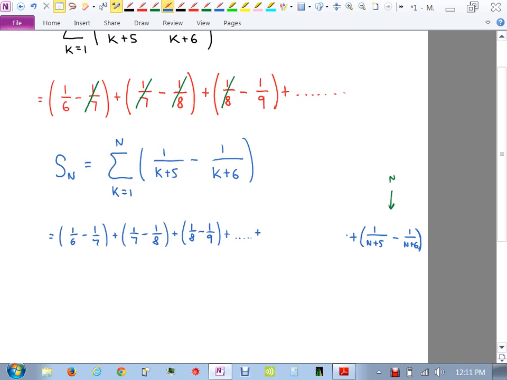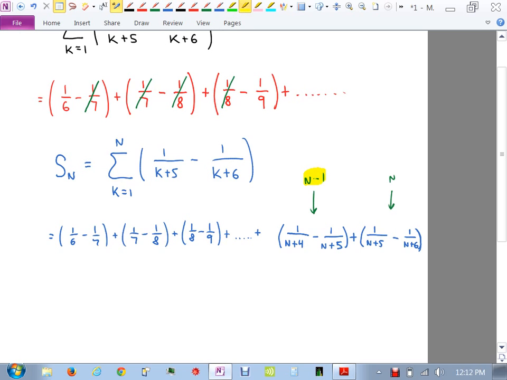Now, what would the one right in front of it be? You're plugging in n minus 1, one less than what you just plugged in. So can you plug n minus 1 into the formula and tell me what you get? 1 over n plus 4 minus 1 over n plus 5, right?